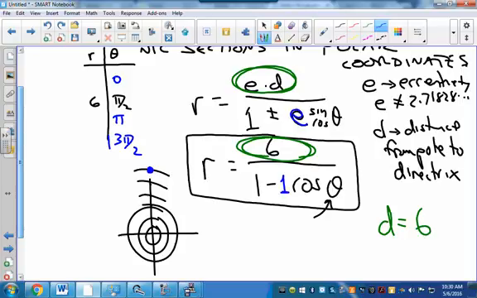If you put 0 in there, now r is going to be 6 divided by 1 minus the cosine of 0. And the cosine of 0 is 1. What happens? You can't do it. Okay, it's impossible. So this is undefined. There is no dot when theta is 0 because it says 6 divided by 0, which you can't do.